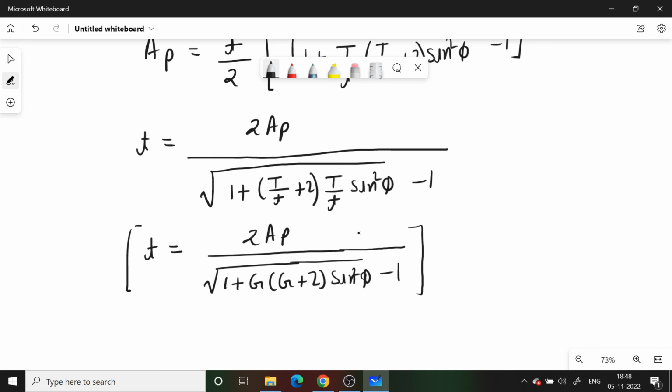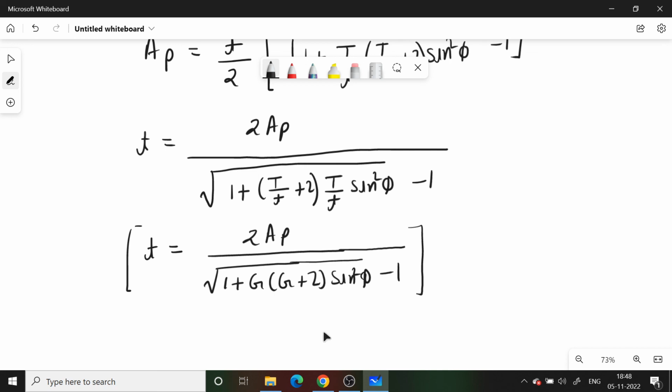The above equation is used for finding the minimum number of teeth required on the pinion in order to avoid interference.